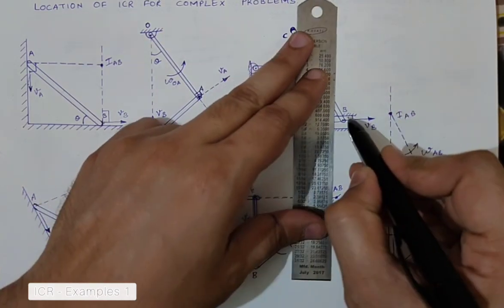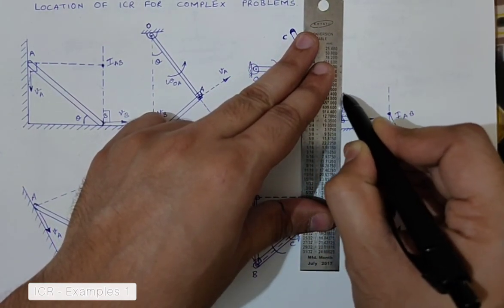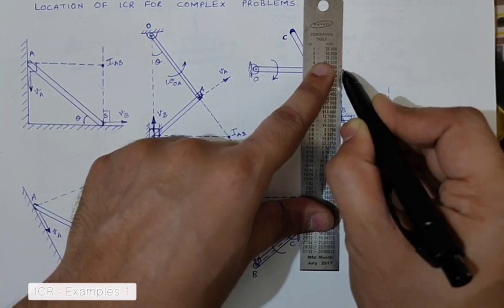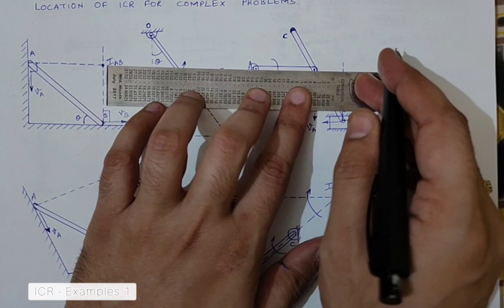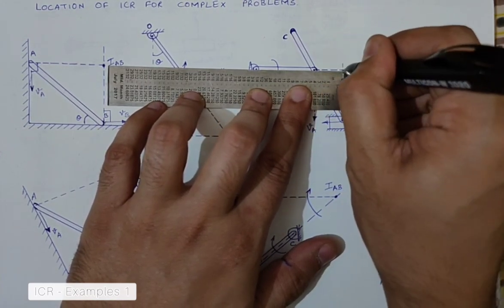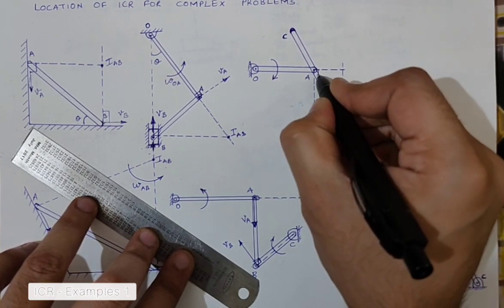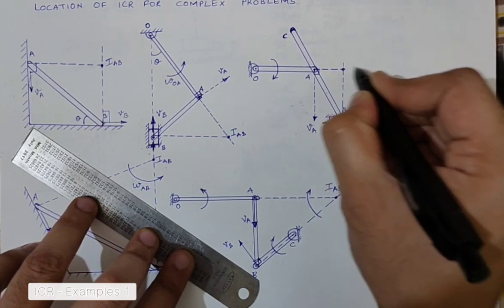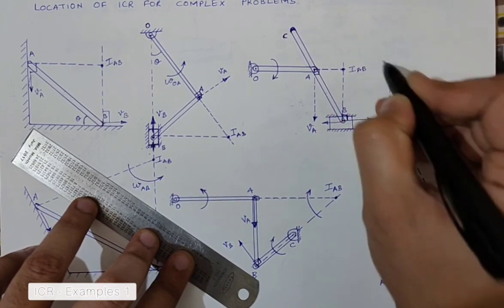So I'll just go with my regular method and draw the perpendiculars to the velocities. Same way over here for VA. So the two perpendiculars are drawn, and the intersection gives me I, which is IAB.